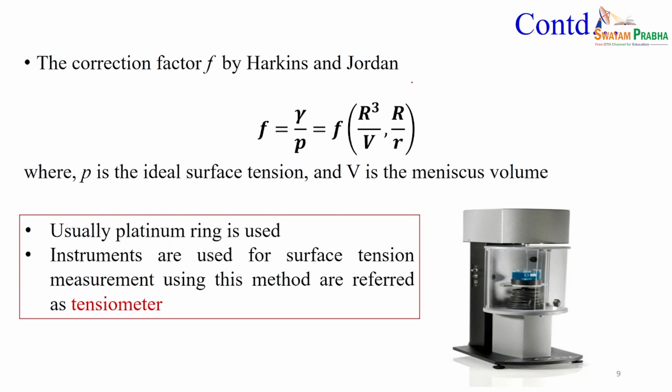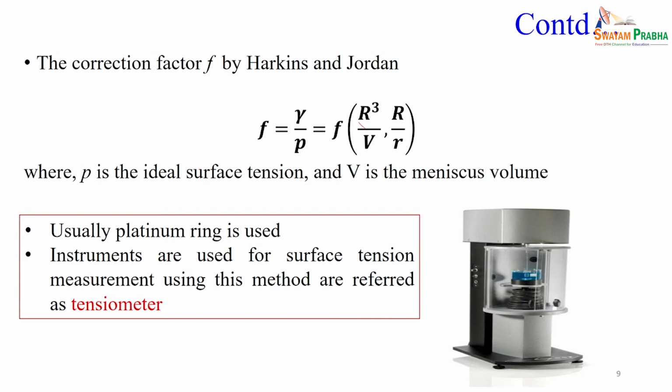So, the volume function will be R cubed upon V and R upon r. So, R is the radius of the ring and small r is the thickness of the ring, and V is the meniscus volume, and accordingly you have to take the R cube value, because at the meniscus there is the particular contact.